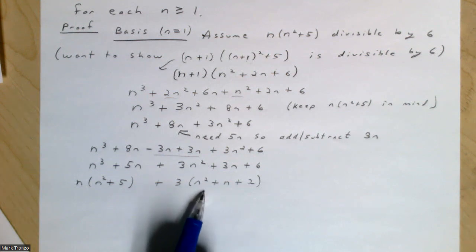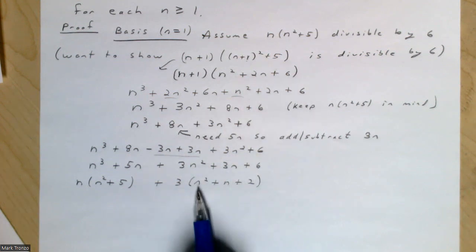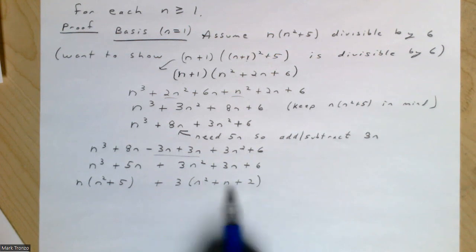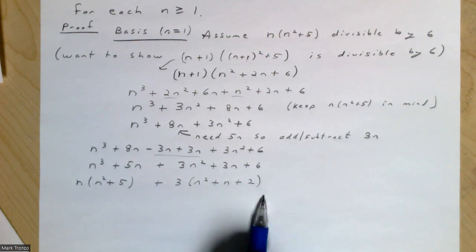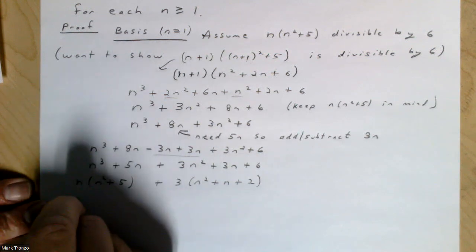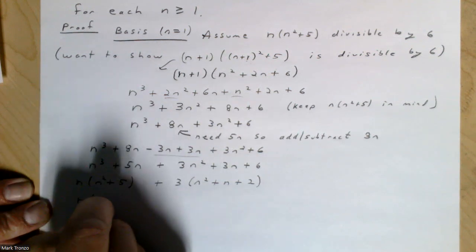Let's see. If we could show that this is an even number, then 3 times any even number has to be divisible by 6. And so let's just carry this down one more.